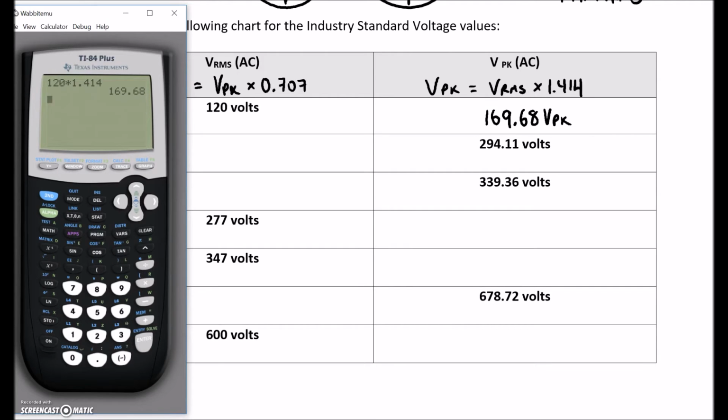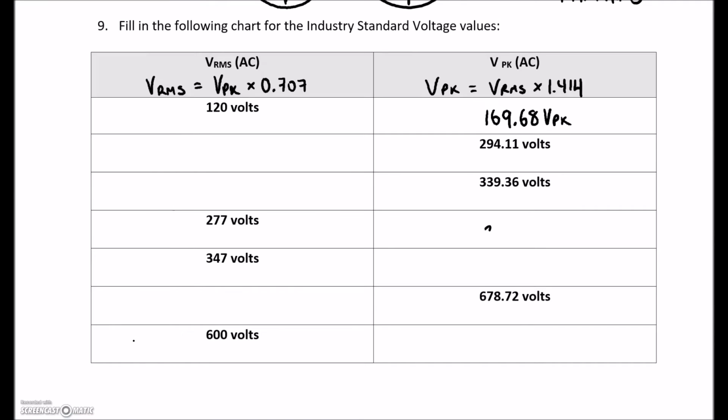Okay, let's keep going with 277 so we can finish everything in this column here. So we got 277. We're going to multiply that by 1.414, and we've got 391.68. You can see how these voltages are slowly increasing here, right?